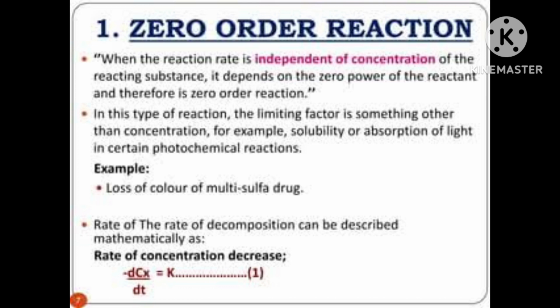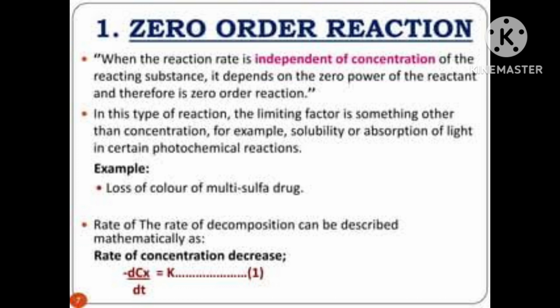Okay. Now I have told you about the complex reaction: a reaction which takes place in sequences, or in several steps, is called a complex reaction. And when we get the product in only one step, that is called an elementary reaction. An elementary reaction is different, and complex reactions are different.